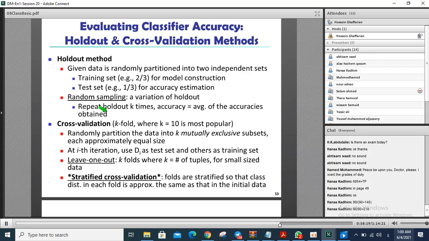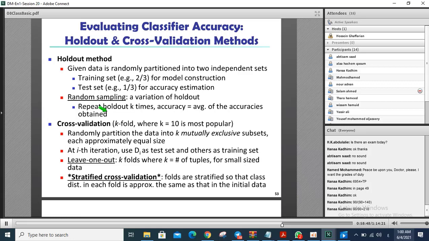So the only way to overcome this problem is to run the random sampling multiple times, gather the accuracy values, and finally report the average of those accuracy values.